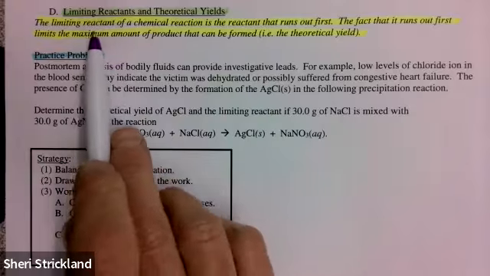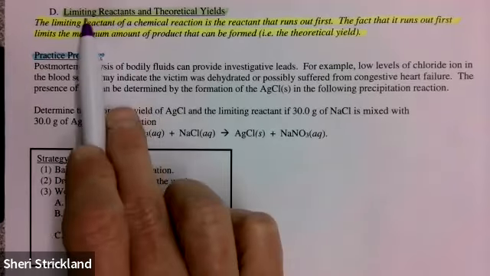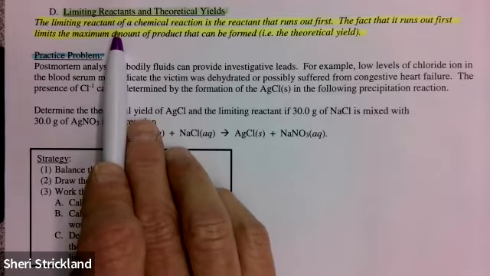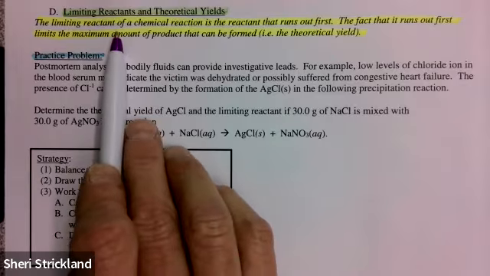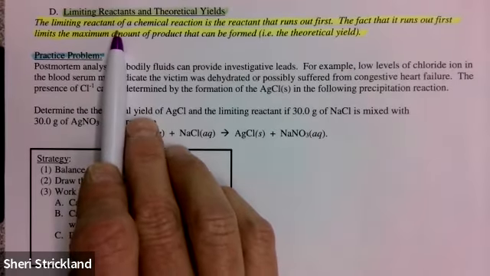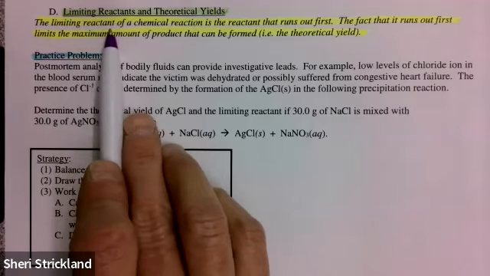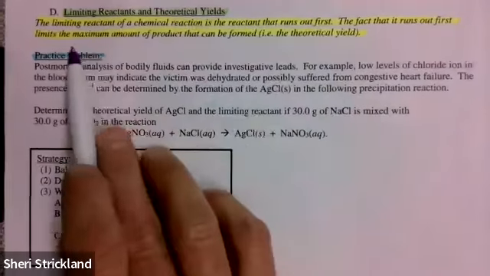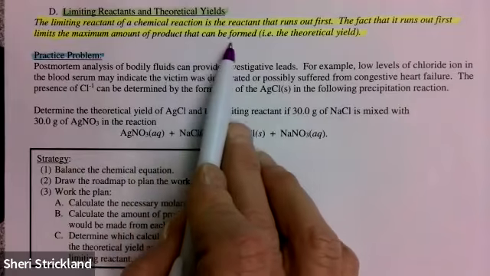So in a chemical reaction, there may be one reactant that runs out first. Sometimes the reaction's planned so that there's exactly the right amount of two or more reactants. But generally speaking, one of those reactants is going to run out first. And the one that runs out first is called the limiting reactant, because when it runs out first, it limits the maximum amount of product that can be formed.